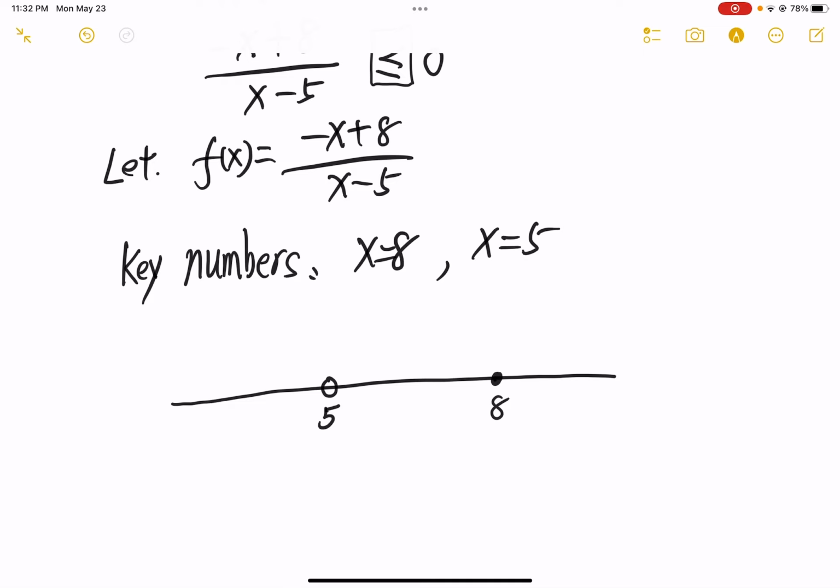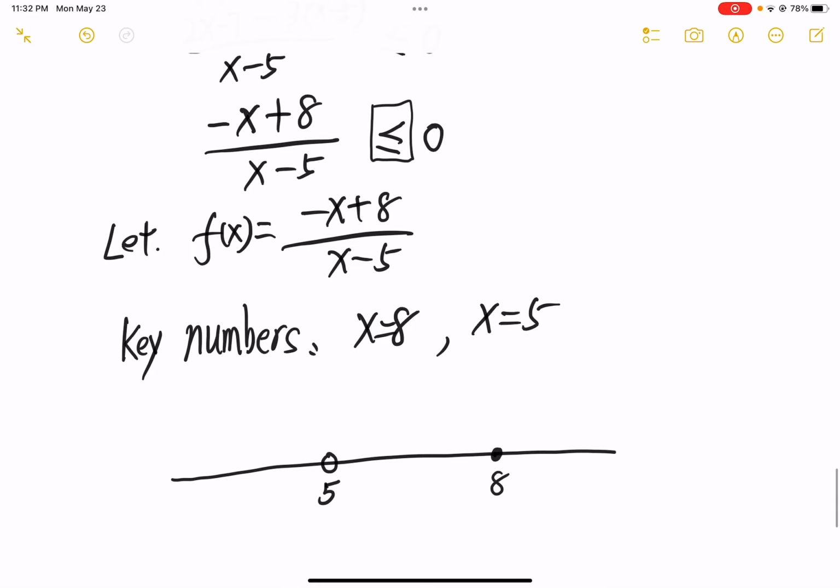Keep in mind, key numbers from the denominator are always open circles. For key numbers from the numerator, you need to go back and check the inequality. If the inequality contains the equal sign, it should be a solid circle. Otherwise, it should be a hollow circle.